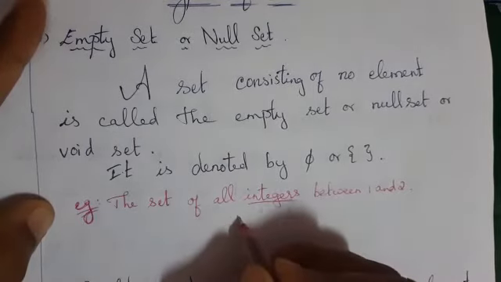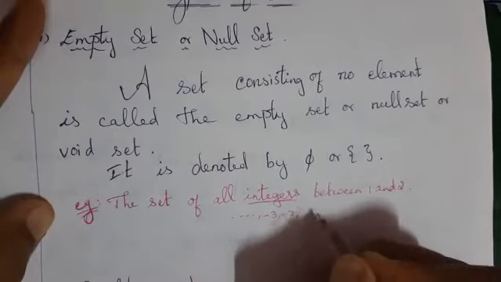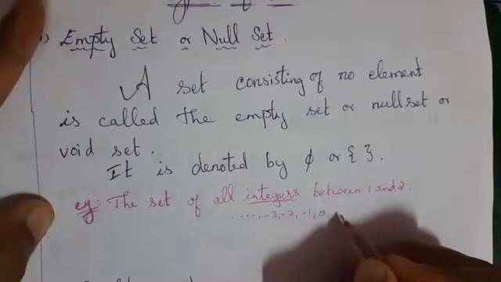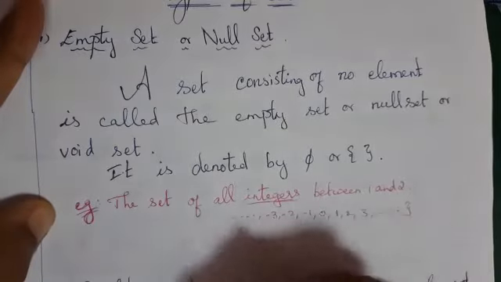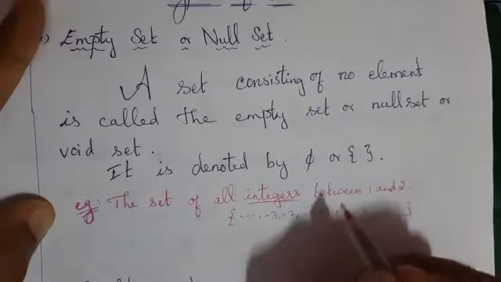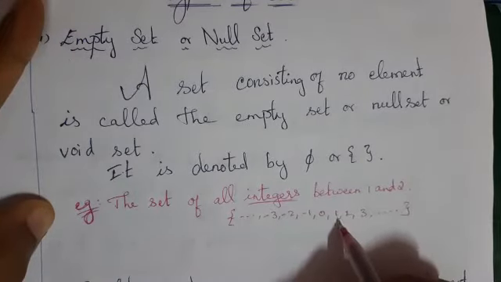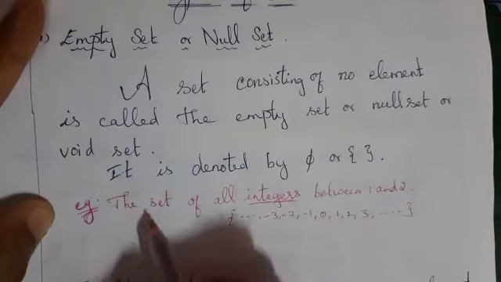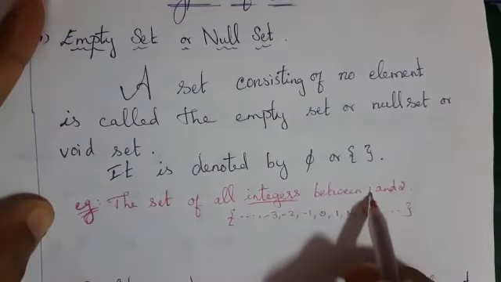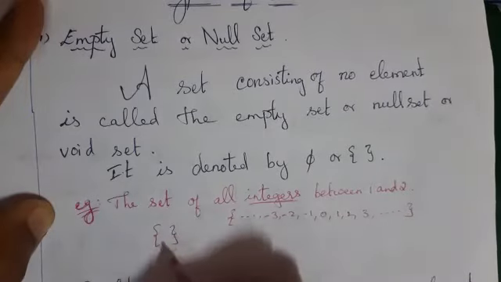That is, -infinity, ..., -3, -2, -1, 0, 1, 2, 3, etc. Okay, that is integers. Is there any element between 1 and 2? No. Therefore, the set of all integers between 1 and 2 is the empty set.